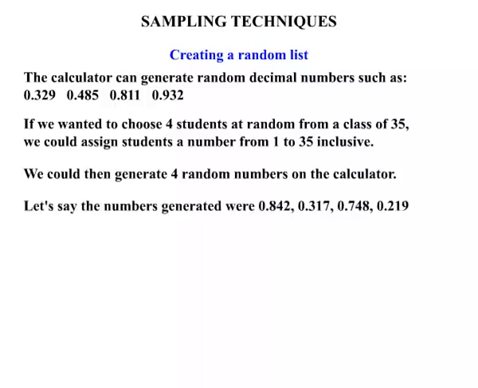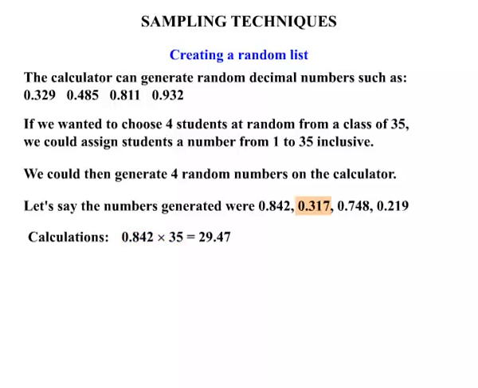Now let's say the numbers generated were, in this case, 0.842, 0.317, 0.748, and 0.219. Then on the calculations to work out which students. 0.842 we multiply by the 35 students. We come up with 29.47.